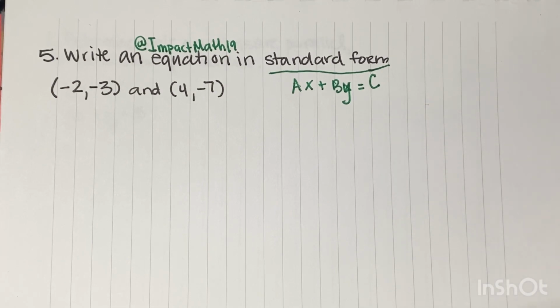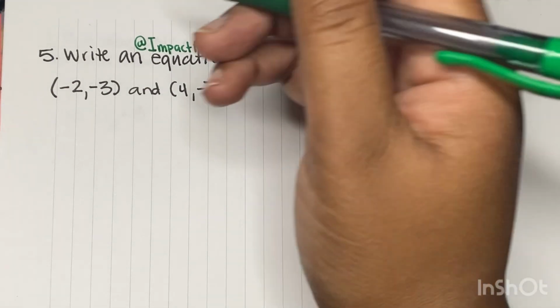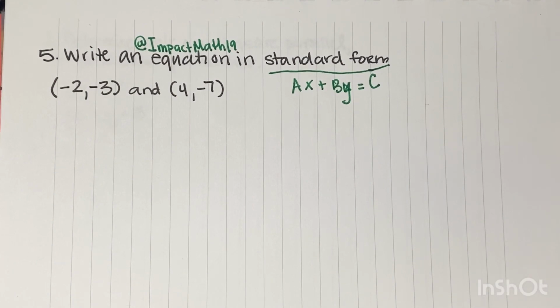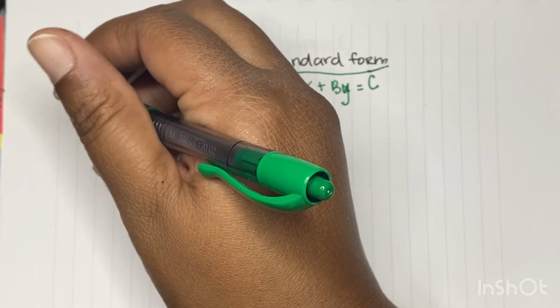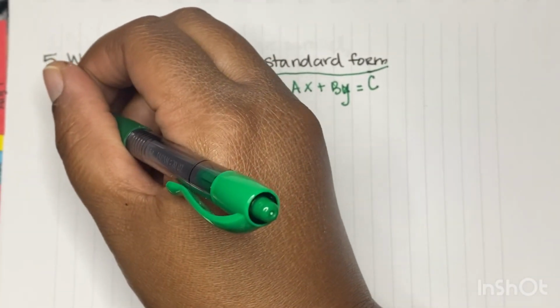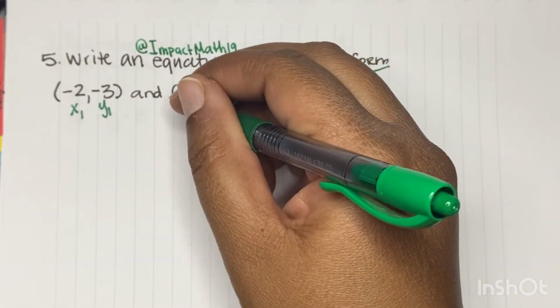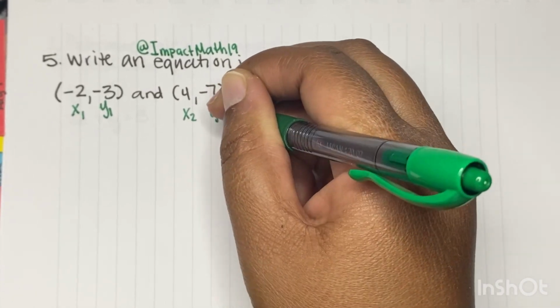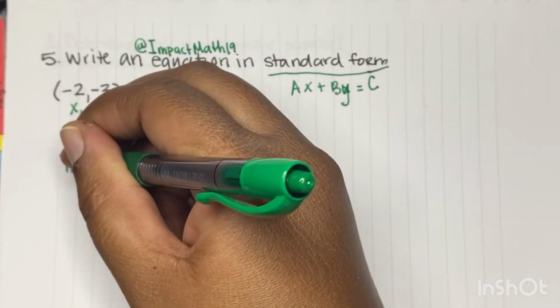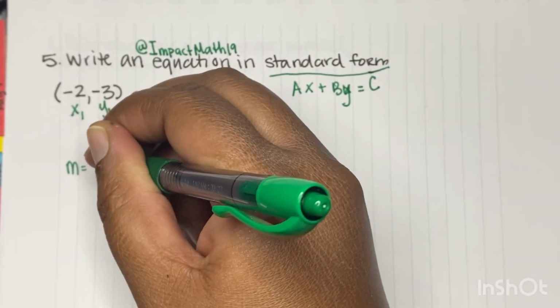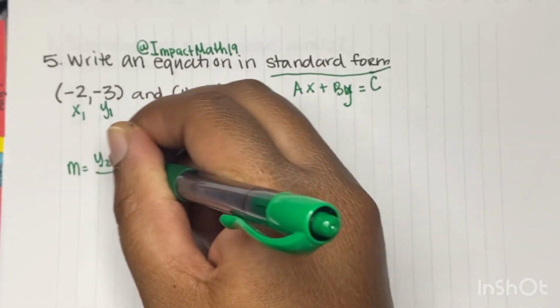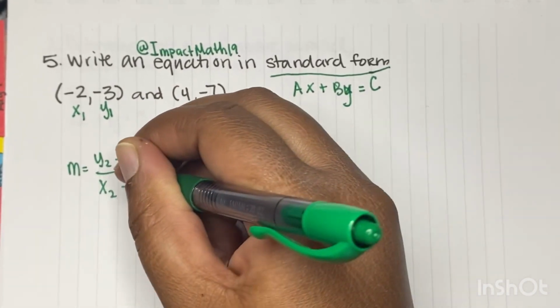So first, what we're going to do is find our slope, okay? We're going to do that by labeling our points. So we have x1, y1, x2, y2. We're going to use our slope formula, which says the change in your y's over the change in your x.